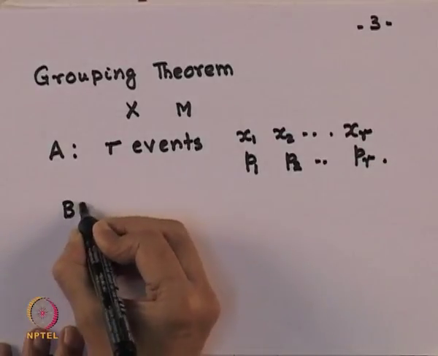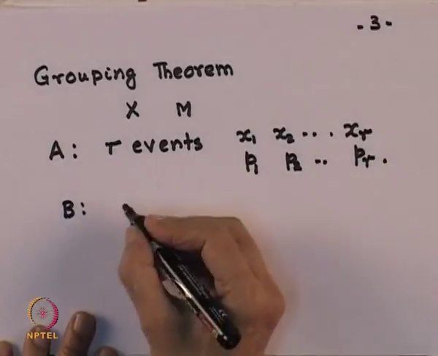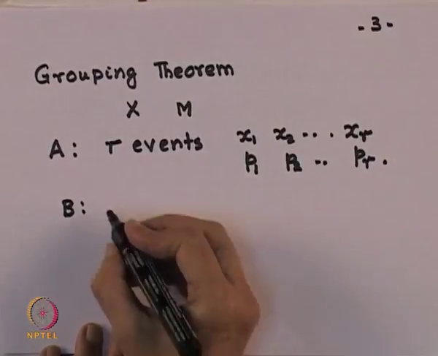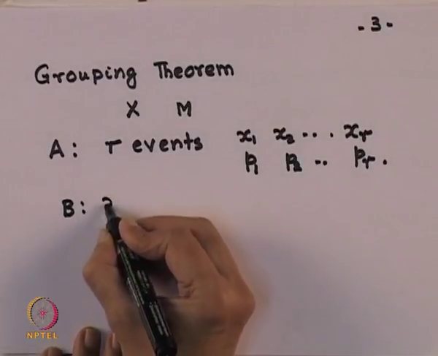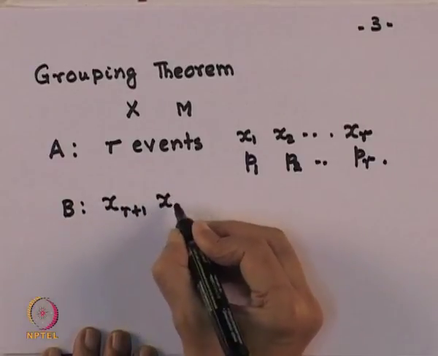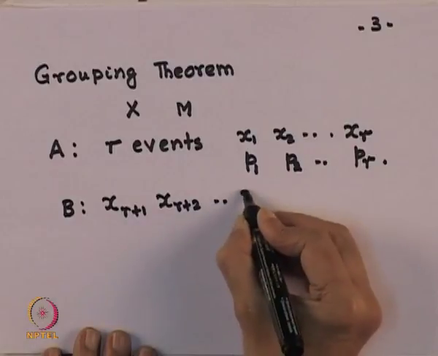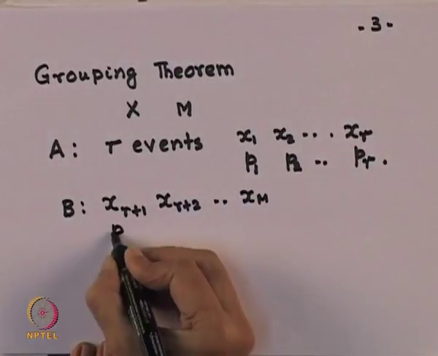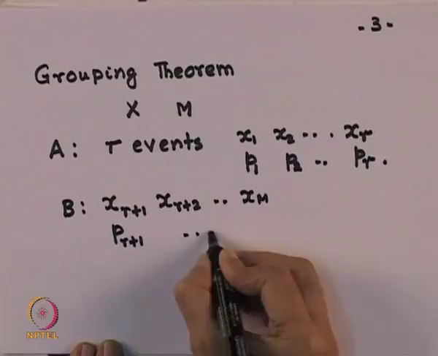And group B is essentially the remaining events, which are x r plus 1, x r plus 2 up to xn, with corresponding probabilities p r plus 1 up to pn.